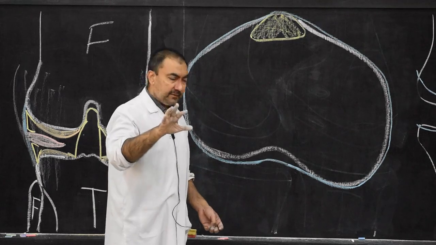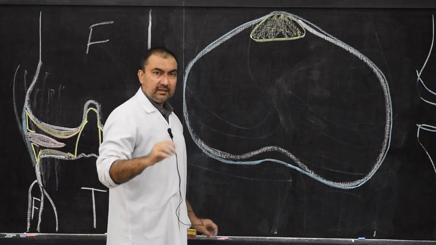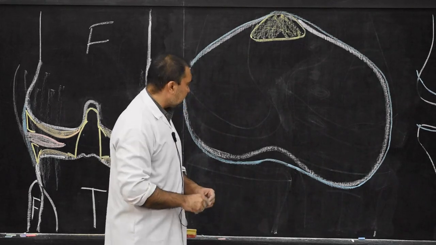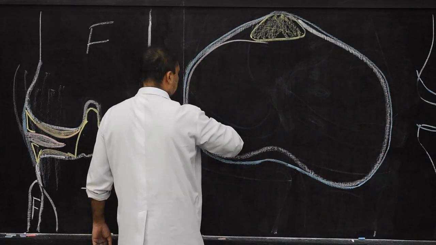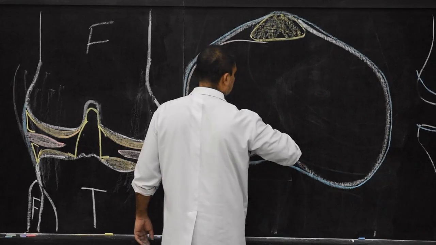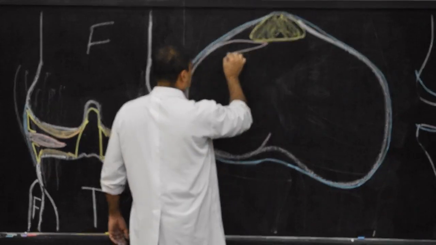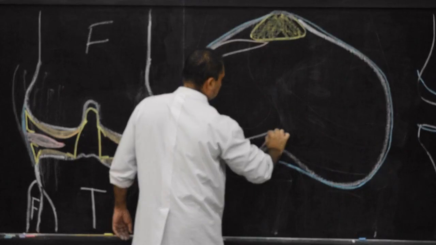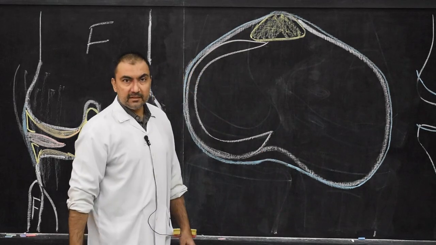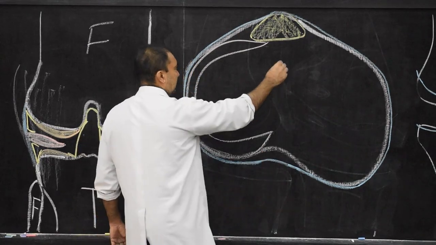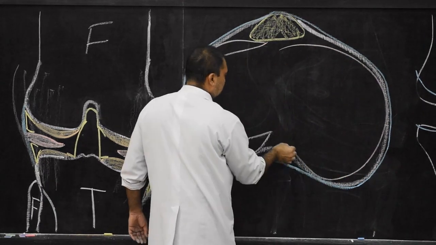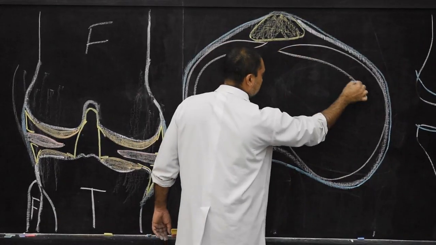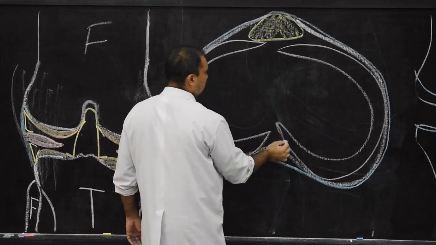Similarly, inside we are going to show the two semilunar cartilages. This is the medial semilunar cartilage, and over here we are going to show the lateral semilunar cartilage.